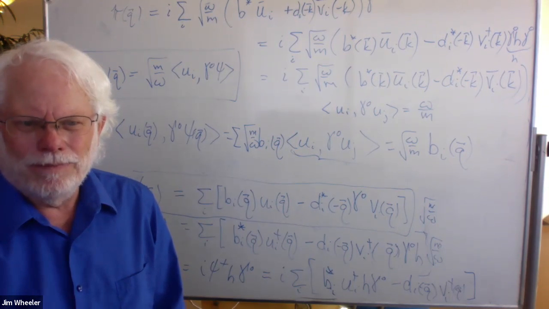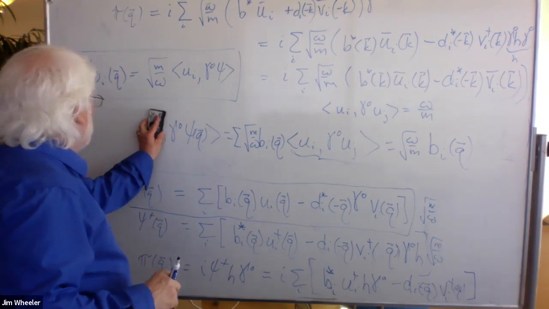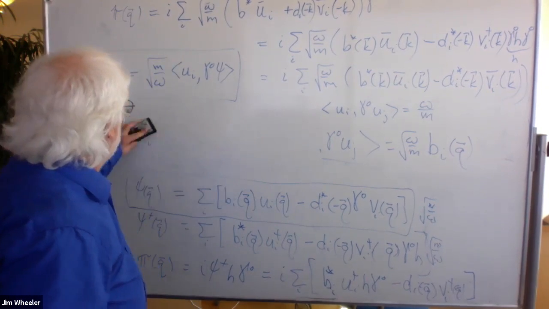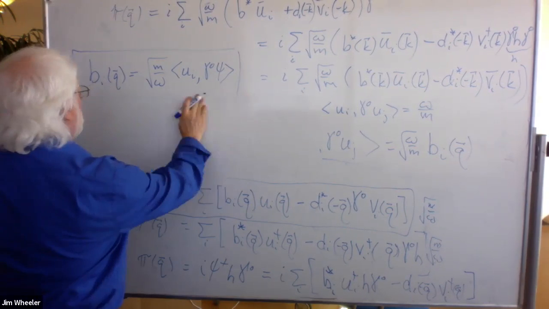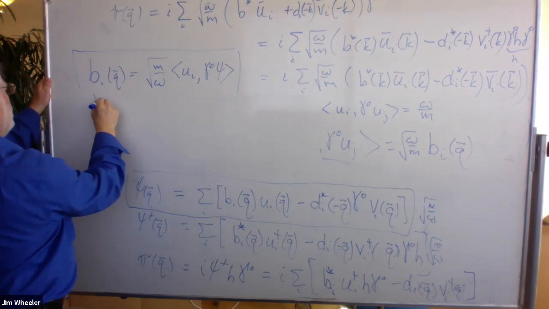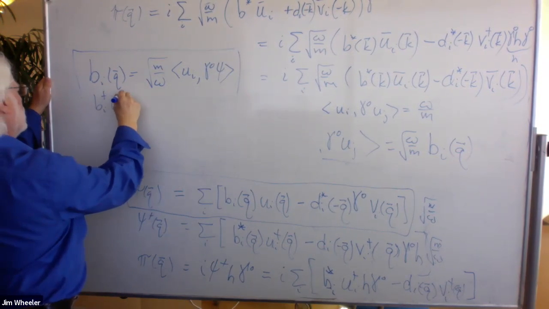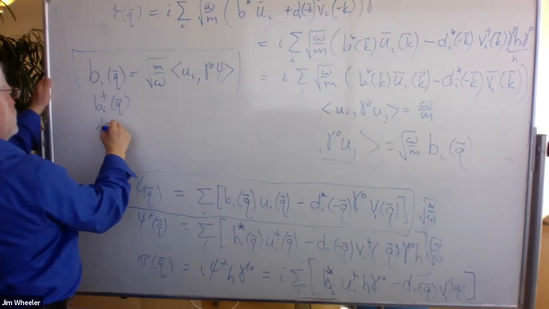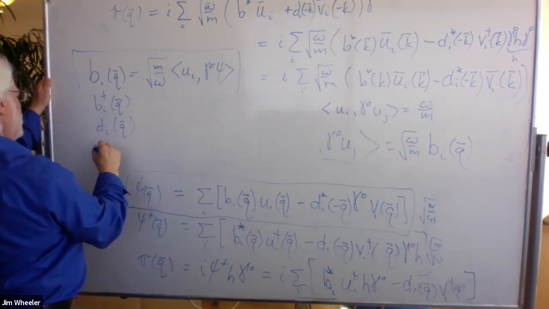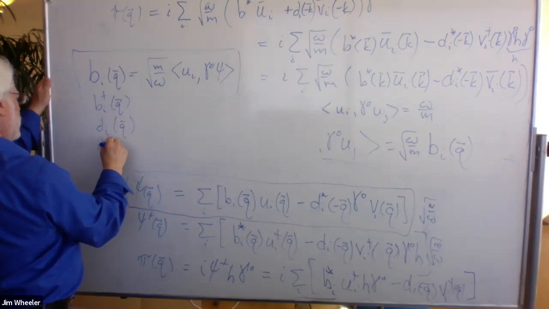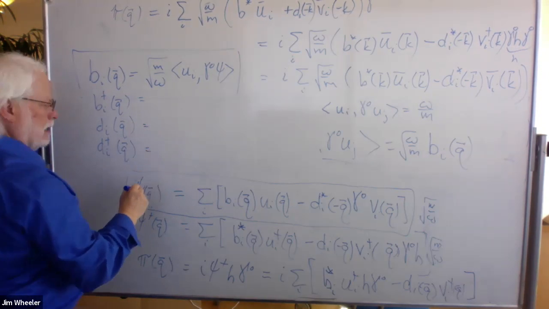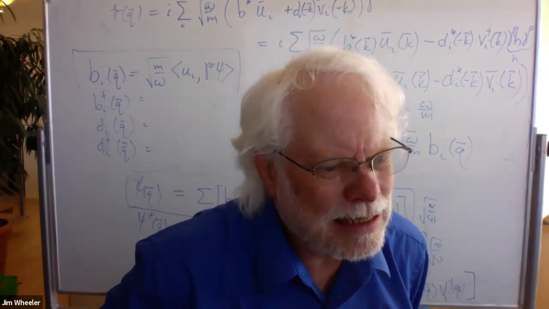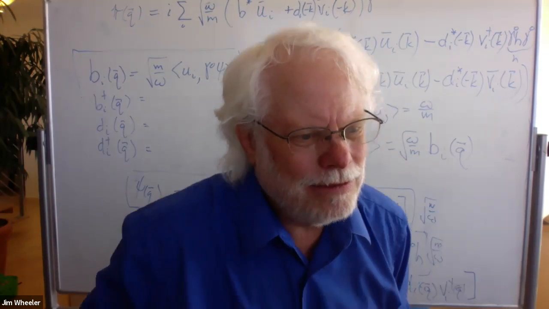Yeah, okay. So following through on this sort of solution, we find B i dagger, we find D i, and D i dagger of Q. Or is it a minus? Let me see what I end up with.